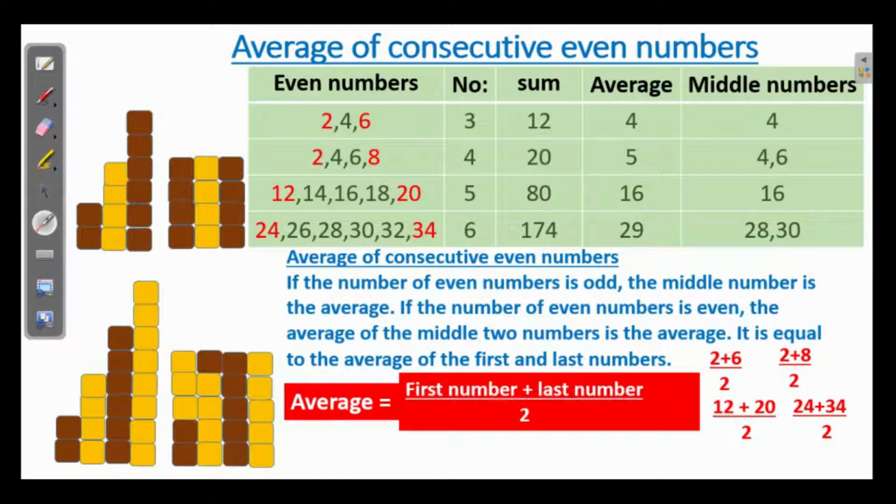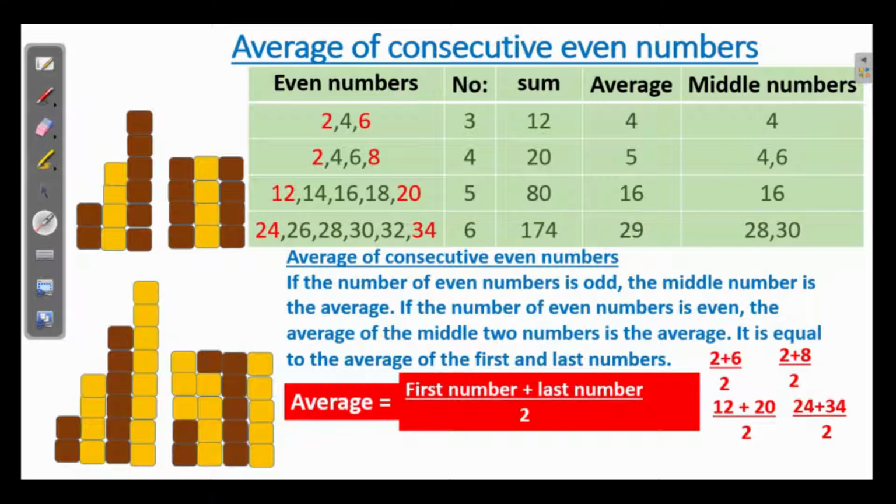And here one more thing we have to see. 2 and 6, the first and last numbers. See the picture. If we are taking these two blocks to here, then the first and last become equal to the average. So, the average is the average of the first number and the last number.